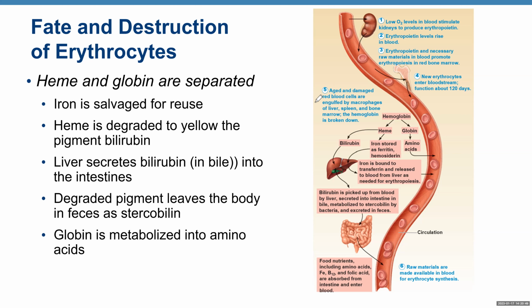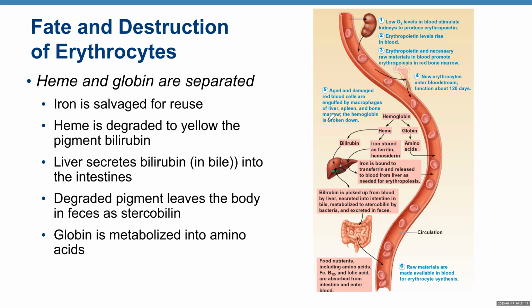Aged and damaged red blood cells are engulfed by macrophages of the liver. So your blood flows through the liver, right? Through the spleen, through the bone marrow. You do have capillaries in the bone marrow, capillaries in the spleen, capillaries in the liver.